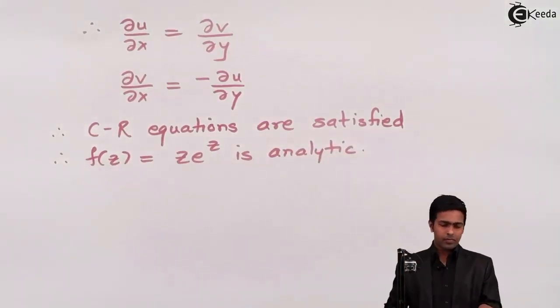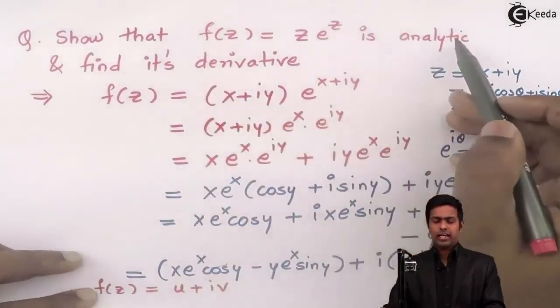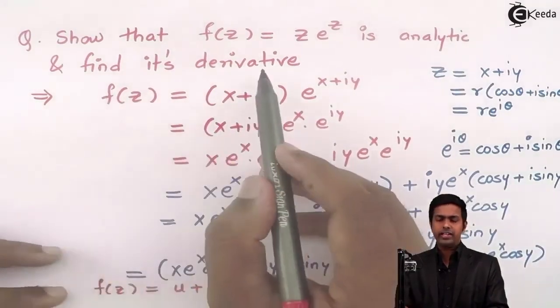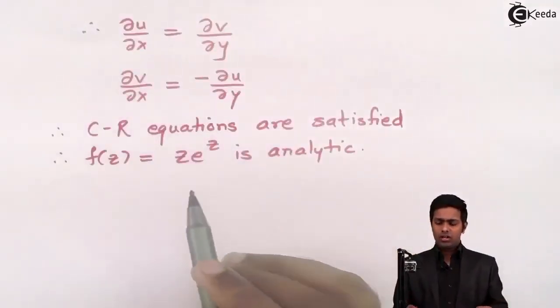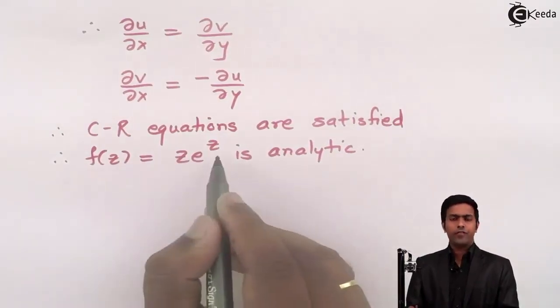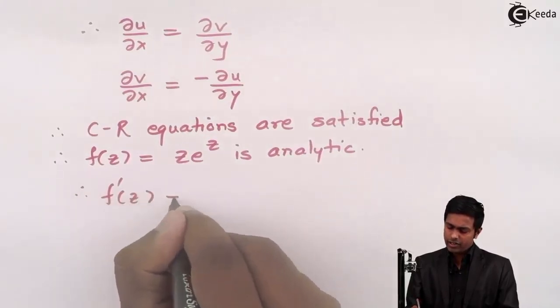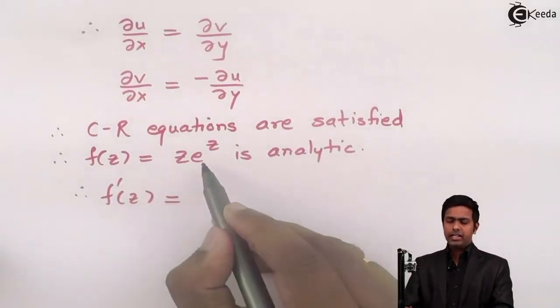Now if we see the problem, we had to show that it is analytic, and the next question was to find its derivative. So here, to get the derivative, we differentiate the function f of z with respect to z. Therefore we will get f dash of z equal to, now z e raised to z.